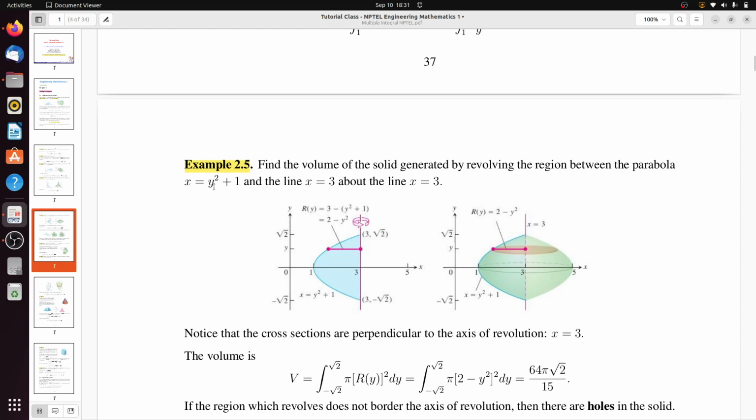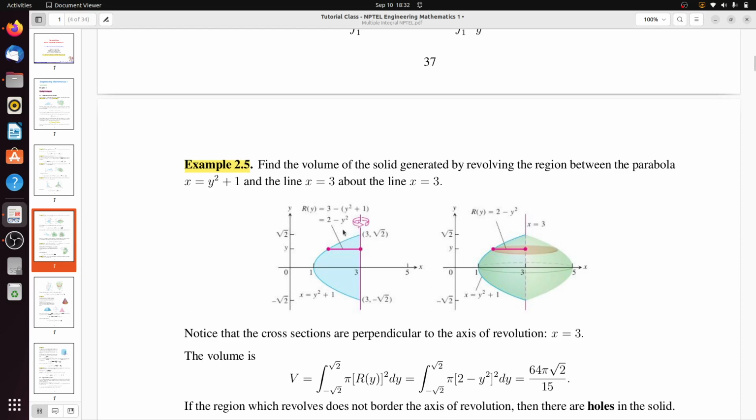And if you draw x equal to y square plus 1, this is your curve. So this y square plus 1 gives your distance from the y-axis, right? This is your distance from the y-axis.